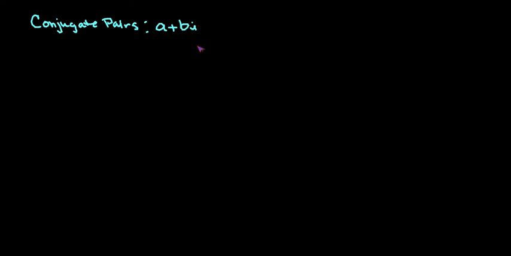If that is one of our zeros, then a minus bi, its conjugate, also has to be a zero. So if this is going to be a zero, this has to join it in a pair.